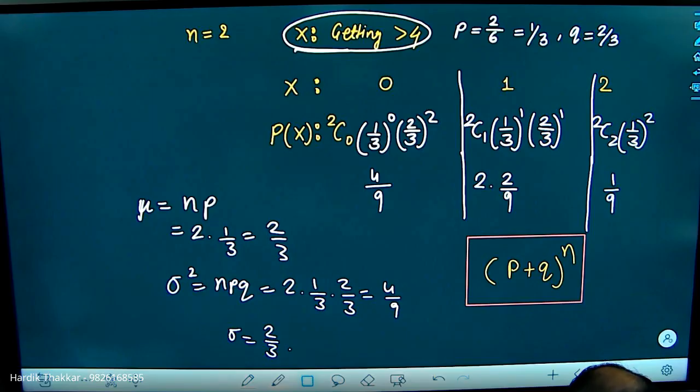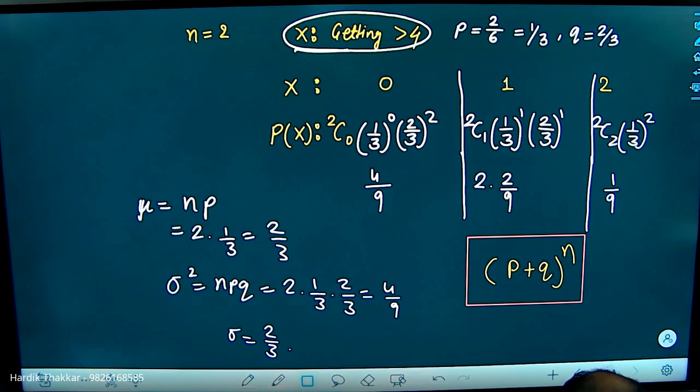For question number 14, r will be equal to 5 only, no? Question number 14: if X follows a binomial distribution with mean this and this, find the probability of X less than or equal to 5.